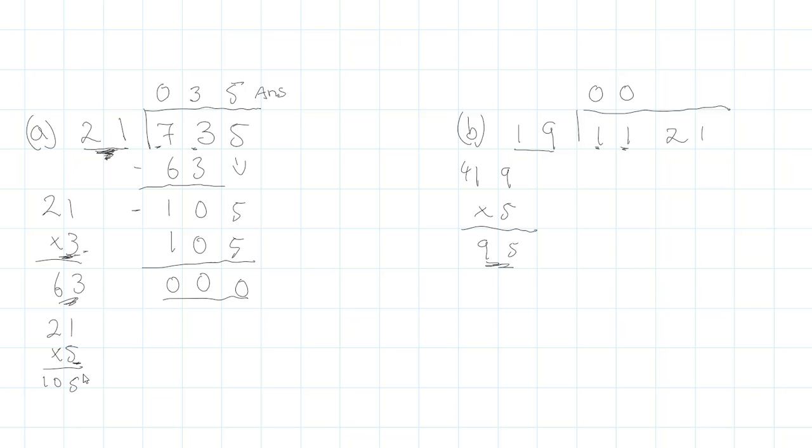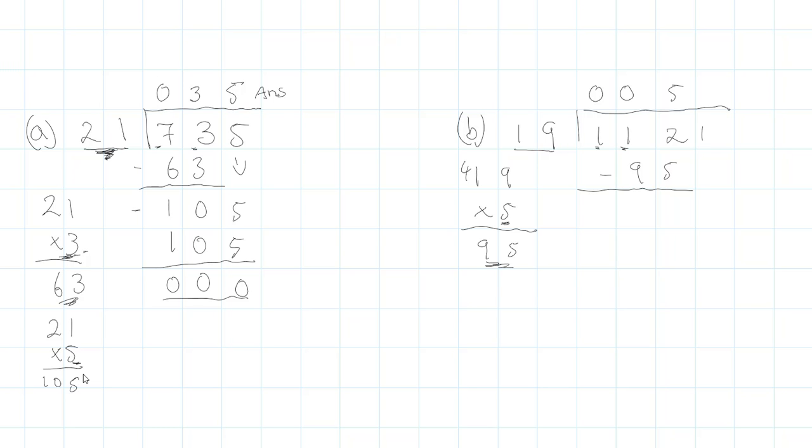So we have 95. So I think that's a good estimate. So I'm going to take 95 away from 112. And it's very important to remember that I put my multiple up, or my factor up here, because at this point I've multiplied 5 by 95, or 5 times 19, which has given me 95.